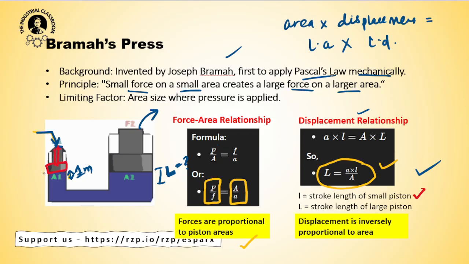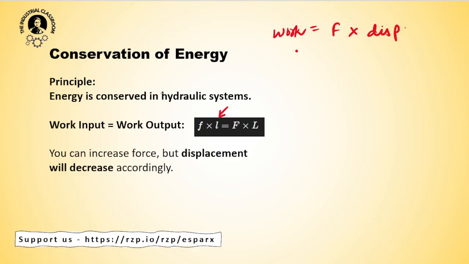The length it moves is the stroke length of the small piston, and this is the larger piston. The length it will move will be called capital L, and this will be small l. So the force applied on the smaller piston into the distance moved by the smaller piston is equal to the force on the larger piston into the displacement by the larger piston.